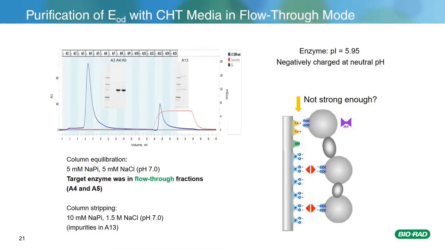The column was equilibrated with a buffer containing 5 millimolar sodium phosphate and only 5 millimolar sodium chloride at pH 7. Impurities were effectively retained by the CHT column, while the target enzyme was in the flow-through fractions. In this case, the calcium ions played a key role in the purification mode switch.